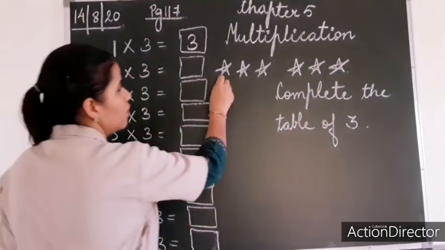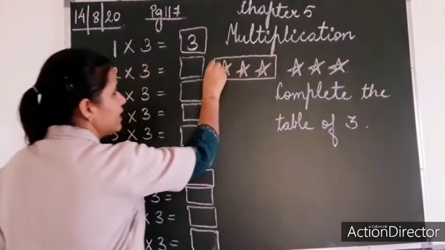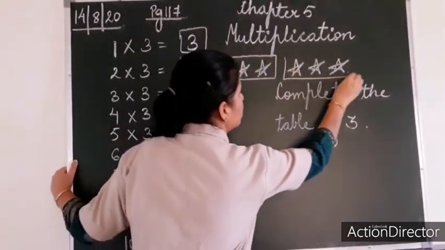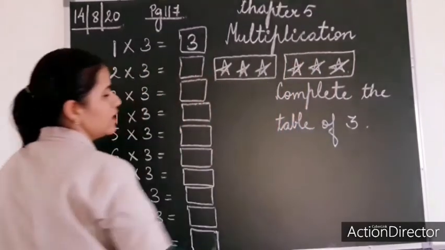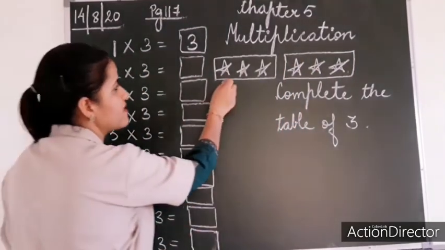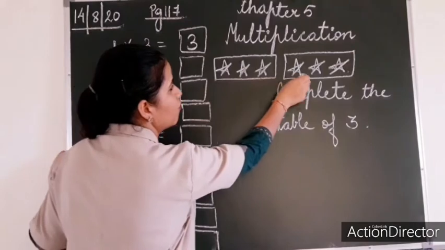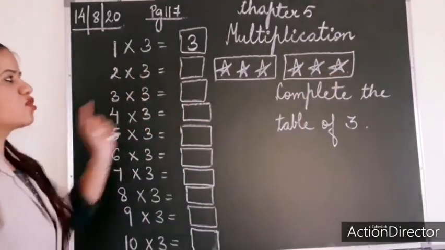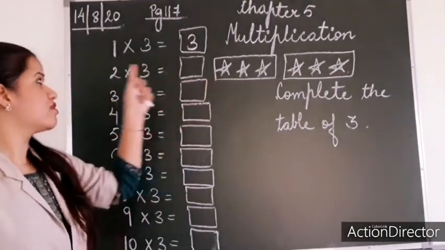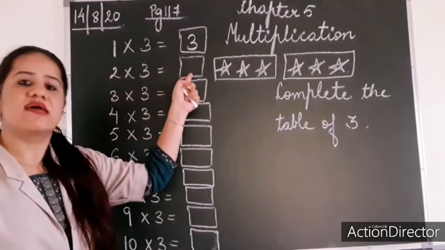So this is 1 times 3 and this is 2 times 3. So the total is how much? 1, 2, 3, 4, 5, 6. So what's the total? 6. So 2 times 3 means 6.